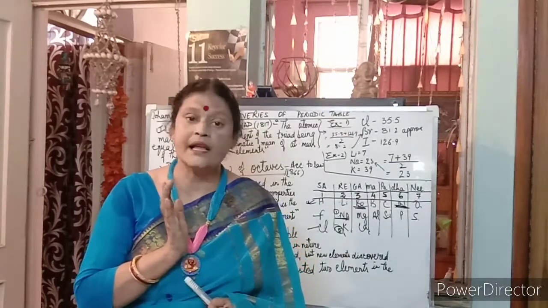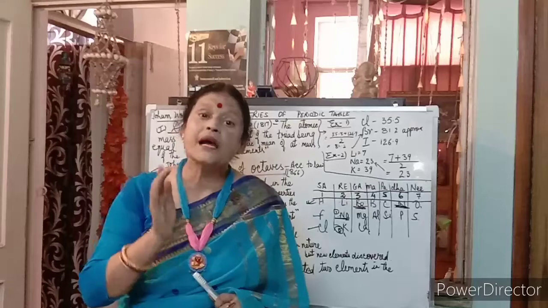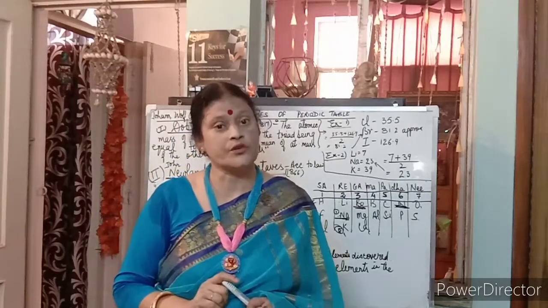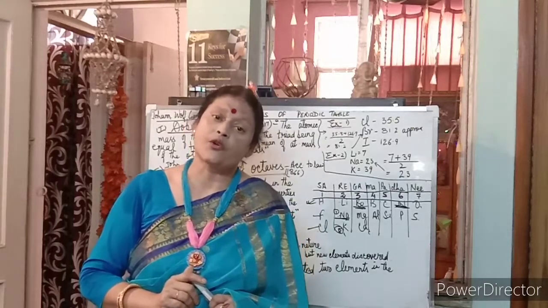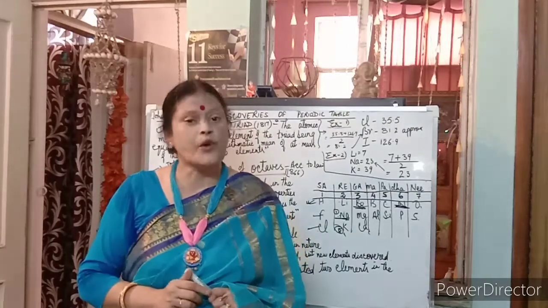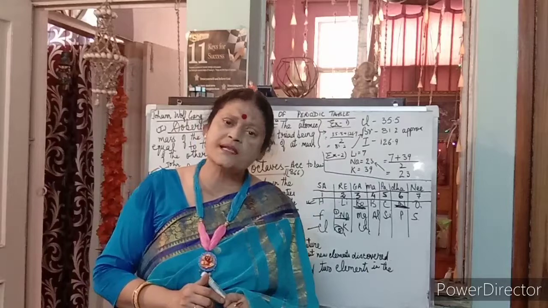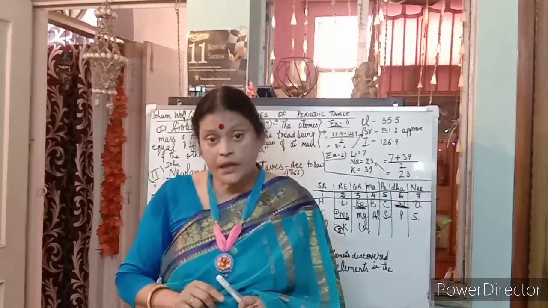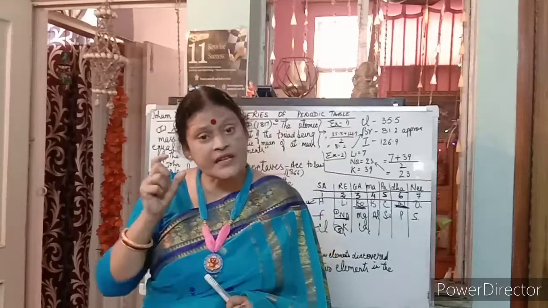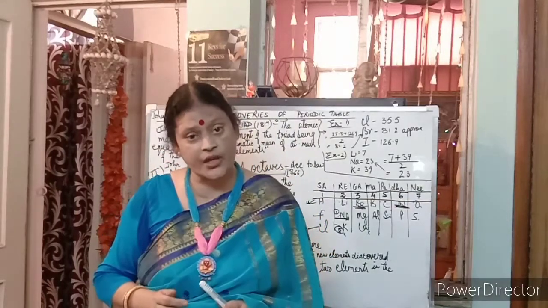Scientists found that till calcium everything is fine, but after calcium it is not possible. So many disadvantages arise after calcium. The properties are not matching, the masses are not matching. So this is the second demerit. Third demerit: he arranged 56 elements in his chart. Right?